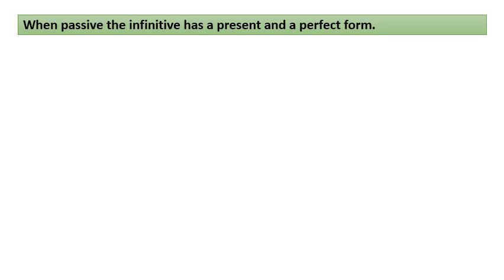But when passive, the infinitive has a present and a perfect form, only then we will use to plus be plus past participle. It means in the passive voice, we will use the to infinitive with present simple and perfect form.